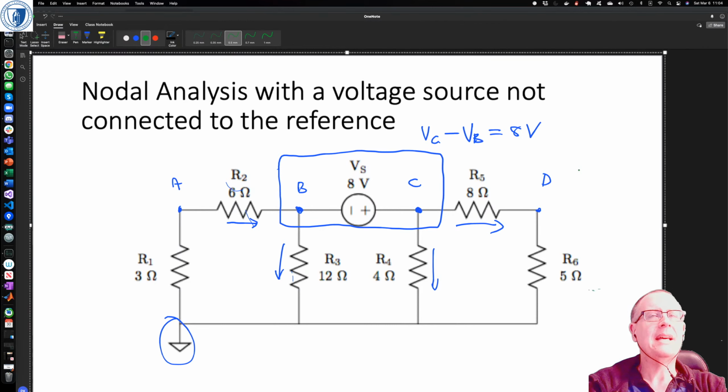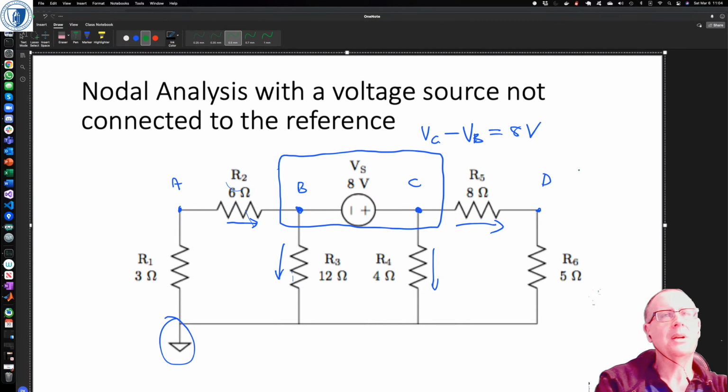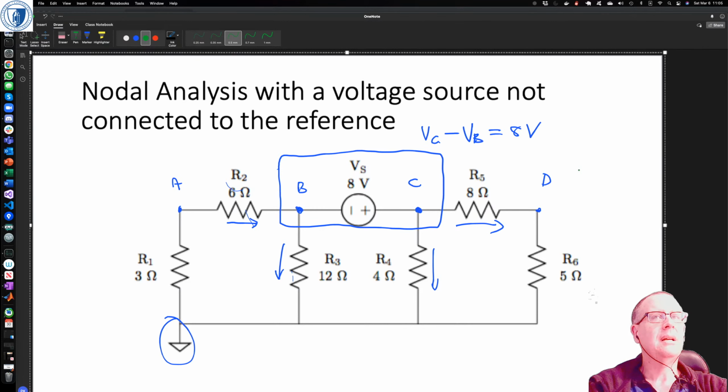And rather than being able to, in this example, find 4 KCL equations, we have to replace 2 of the KCL equations with a super KCL equation and a KVL equation.